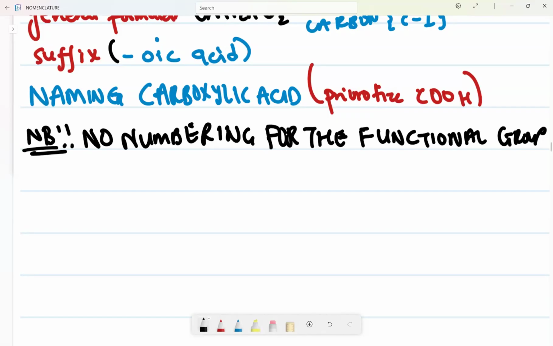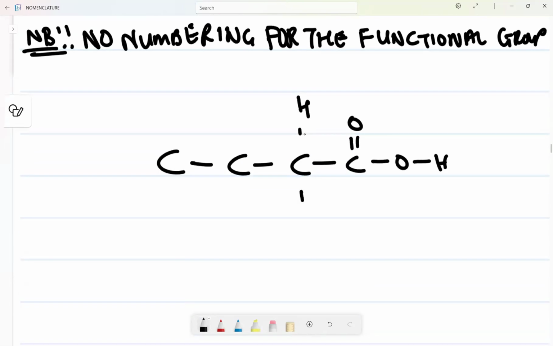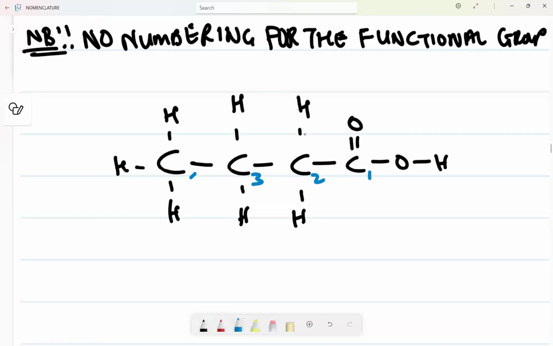Now let's have an example. The naming of this one is not necessarily difficult. It's just straightforward, trust me. For the longest chain, I start counting from my carboxylic acid. Then I ask, what is the longest chain?